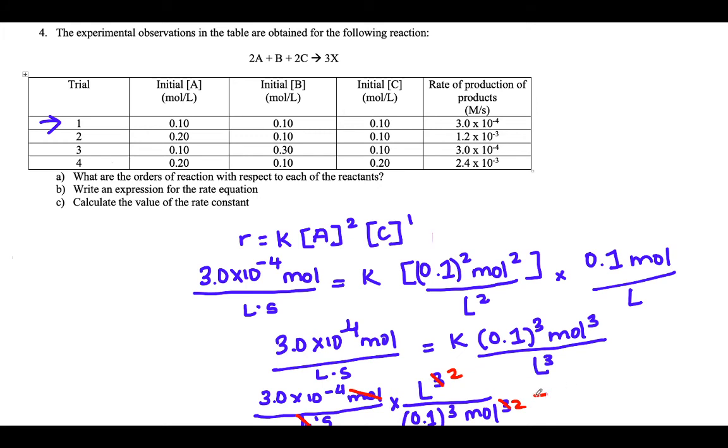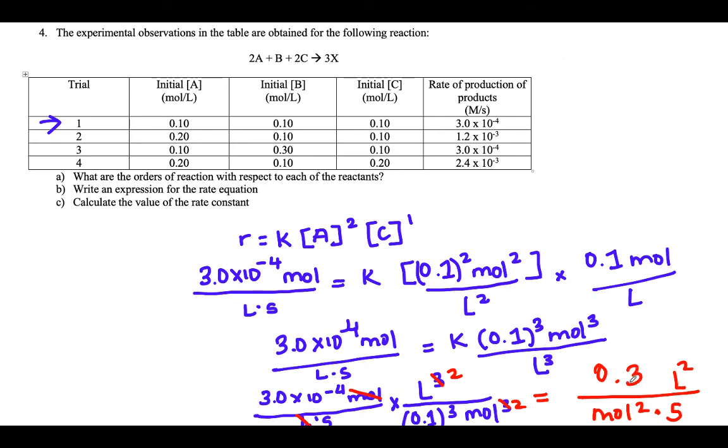So my units, up at the numerator, the only thing I have left over is L squared divided by mole squared times second. And when I plug these values into my calculator, 3.0 times 10 to the negative 4 divided by 0.1 cubed, I should get the value 0.3. And that is my value of K.